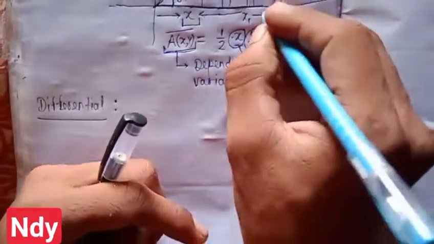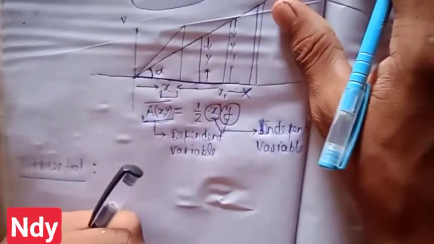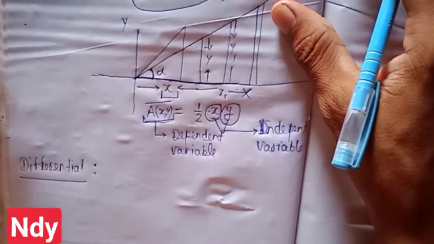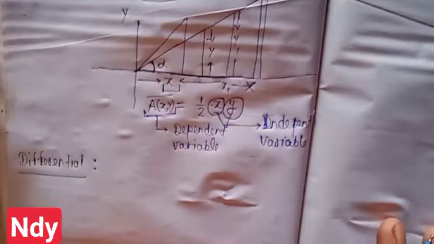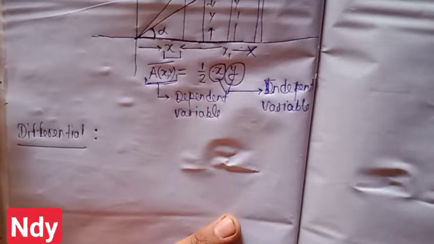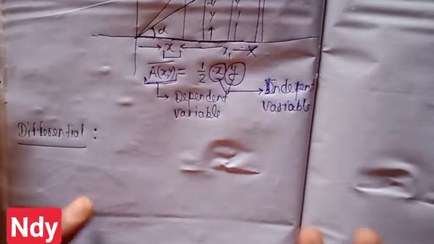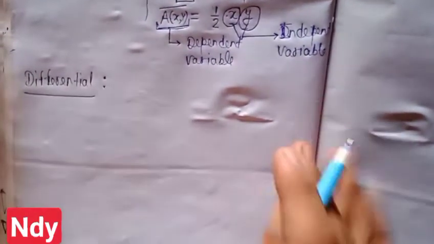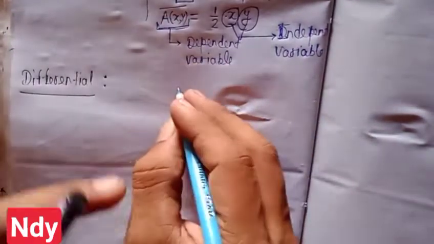Just like in this case, the area of the triangle, there are two independent variables. So the independent variables may be more than one, and the dependent variables may also be more than one or one.